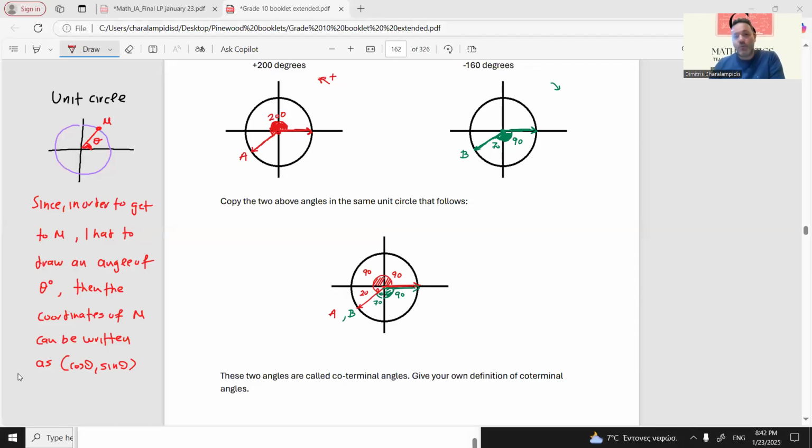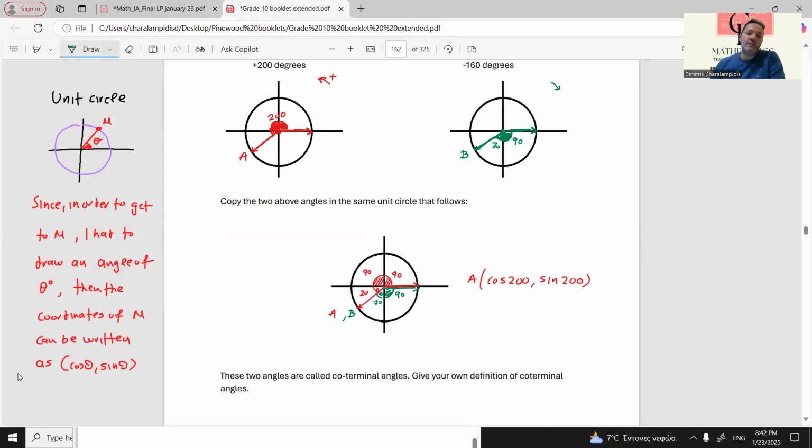How can this poem be useful in our case? Let me apply that for point A. Since in order to get to point A, I had to draw an angle of 200 degrees, the coordinates of A can be written as cosine 200, comma, sine 200.